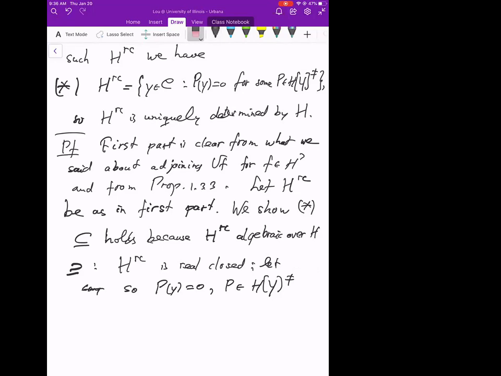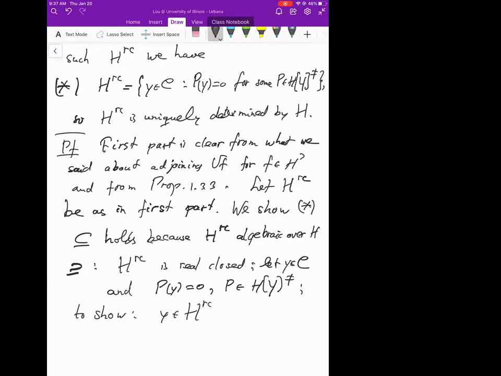What I have to assume is: let y be an element of curly C, and suppose it satisfies a non-trivial polynomial equation over H. What I have to show is that y is then actually in capital HRC.